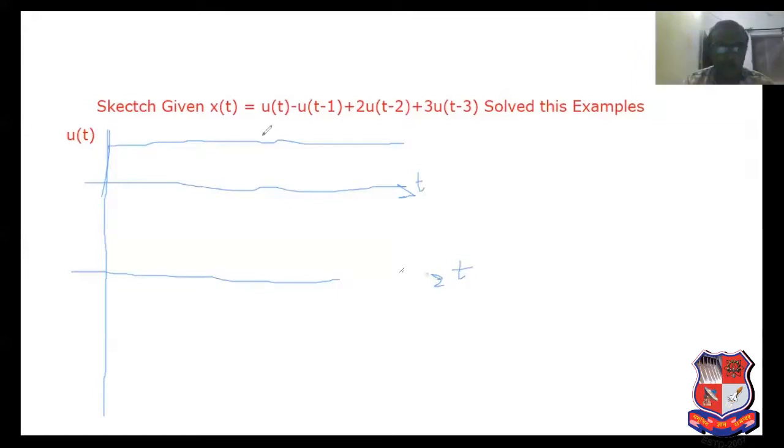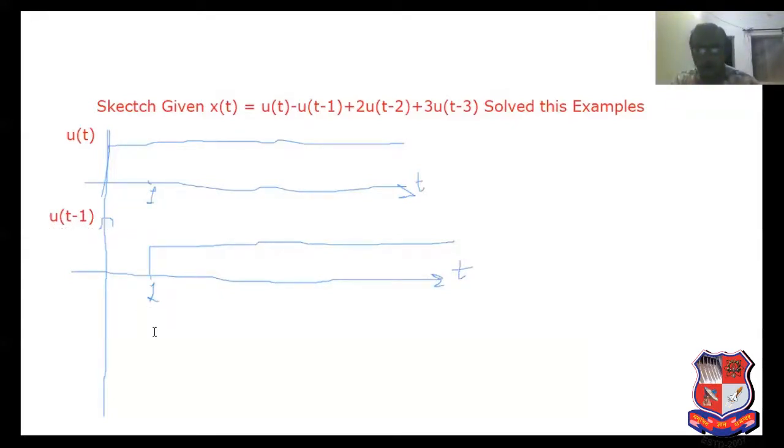Next, which is known as u of t minus 1. Here 1, here 1. So see this, u of t minus 1.